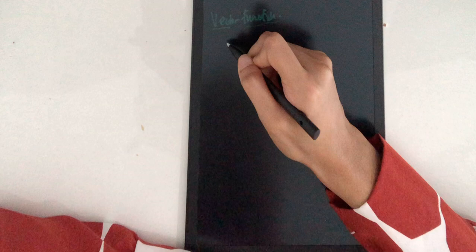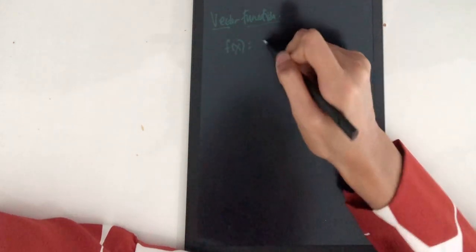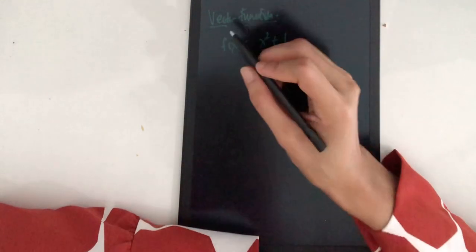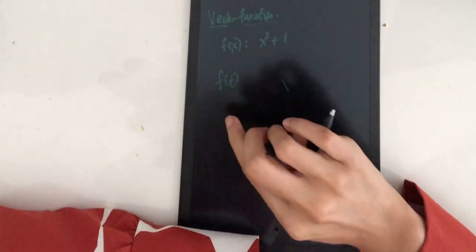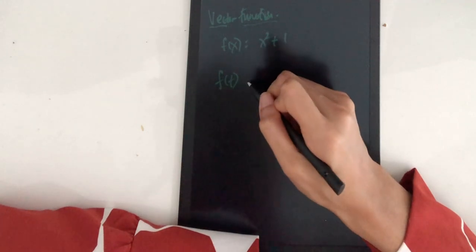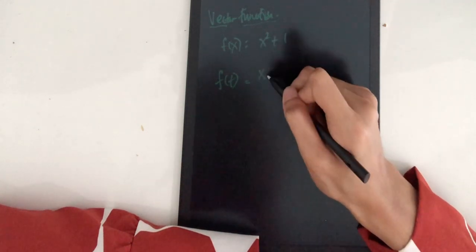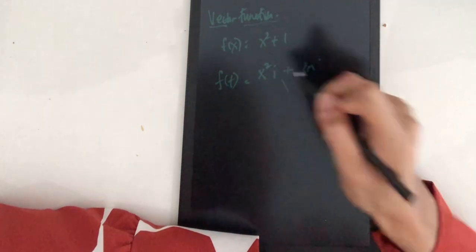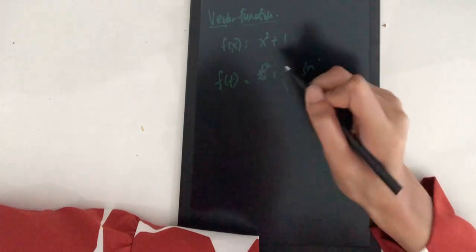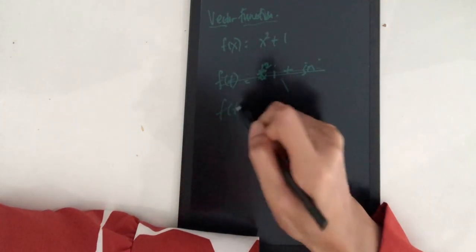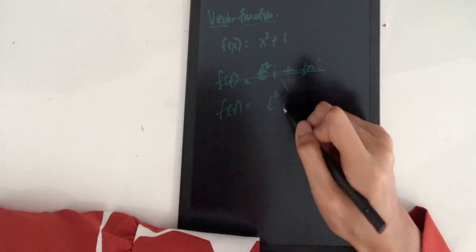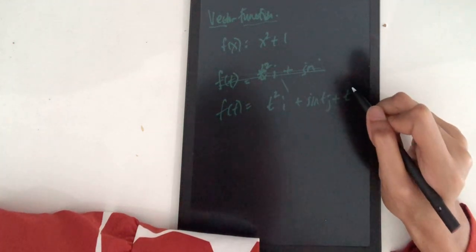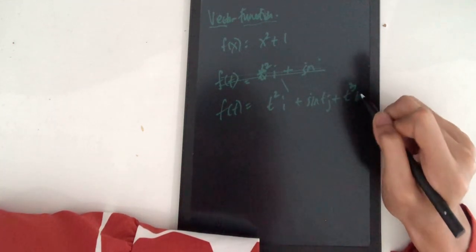If your function before this is something like, for example, x squared plus 1, this is a function. What is meant by vector function is, I use a different variable t. So since I use t as a variable, it is t squared i plus sin t j plus t cubed k, for example.